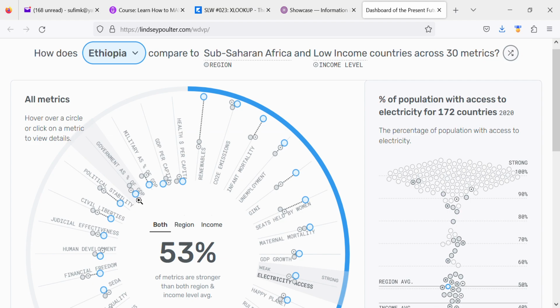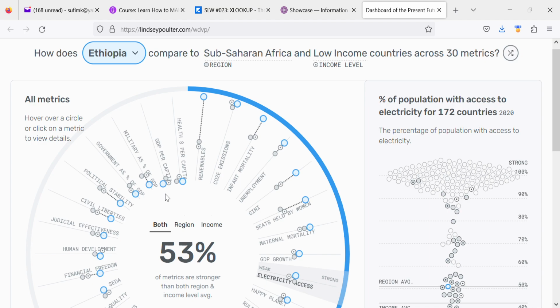Government as percentage of GDP is also low, at 17.7%. Political instability is negative 2.1, and civil liberties is 11. Those are the areas for improvement, and I hope the Ethiopian government will consider those values in its decision making.